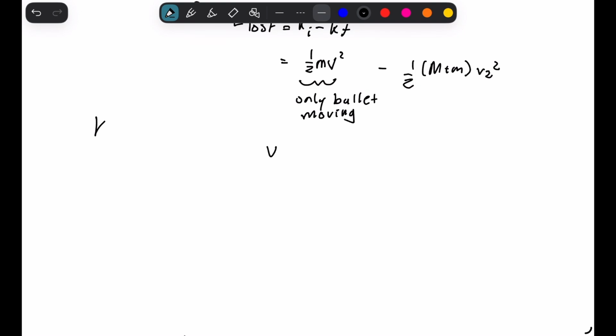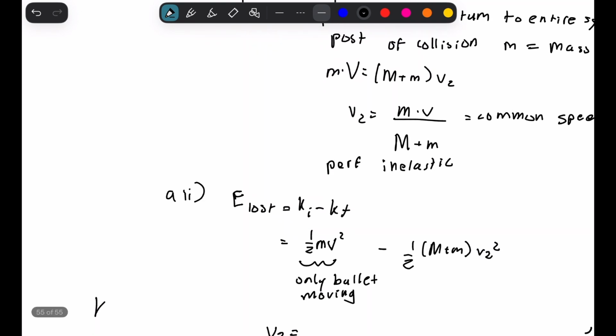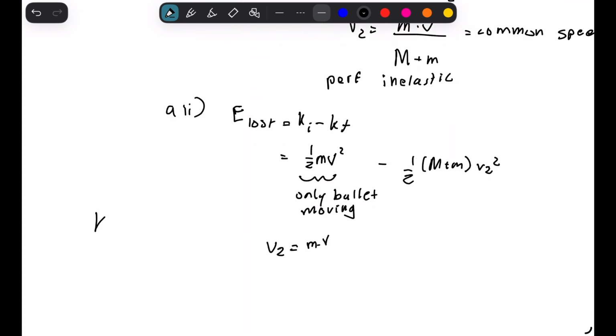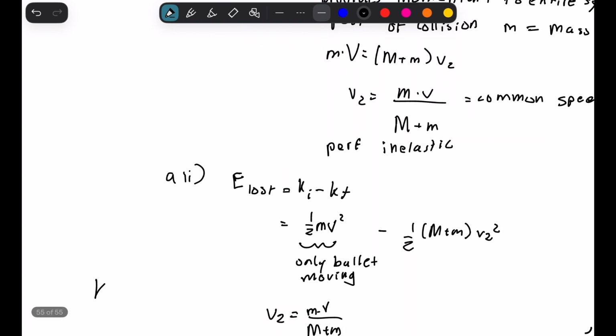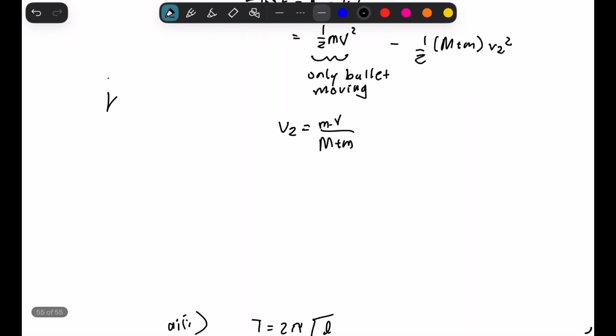We're going to substitute in the fact that v2 is equal to m times v over (M plus m). So K final is equal to 1/2 (M plus m) times (m v over (M plus m)) squared.